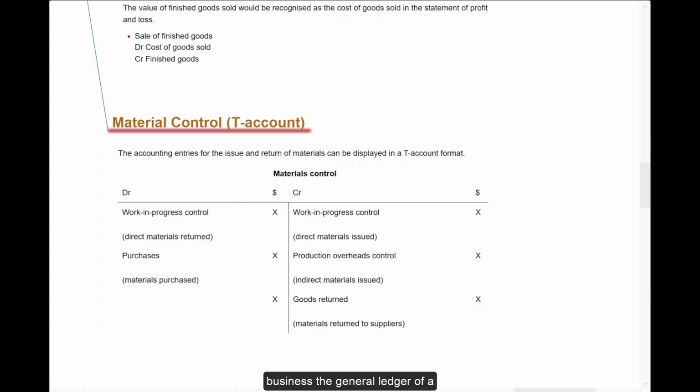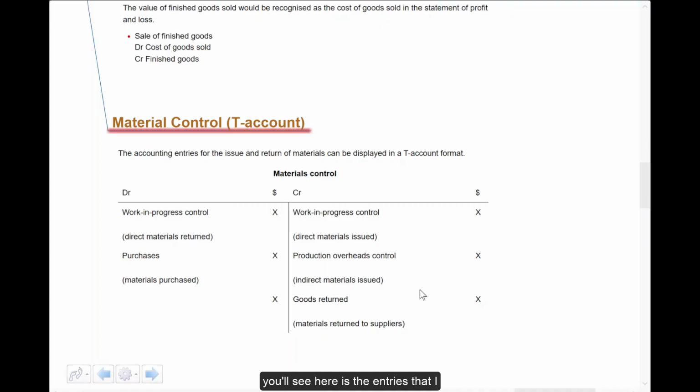The general ledger of a business will have hundreds, maybe even thousands of accounts: stationery, plant and equipment, directors' wages, salaries, etc. A series of assets and indeed liability accounts, of which this is effectively just one, broadly an expense account.